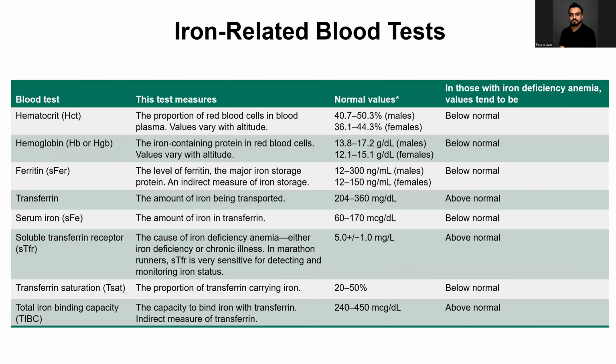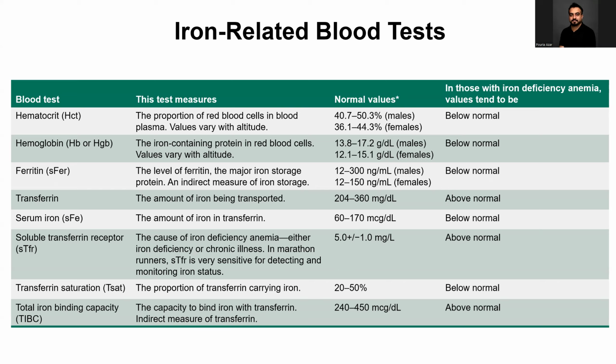We can measure iron-related anemia using different blood tests. This table summarizes iron-related blood tests used to determine iron deficiency anemia. Iron deficiency anemia is a type of nutritional anemia related to iron deficiency.